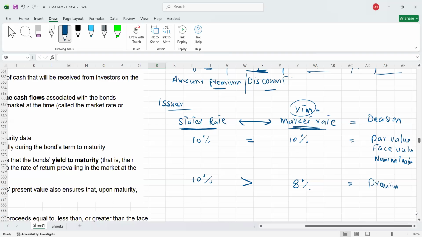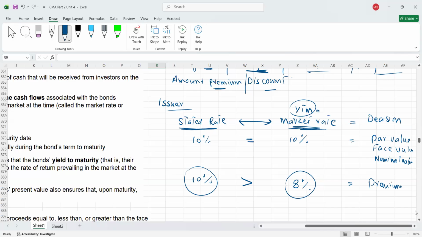Now the question is, why premium? I will tell you. You should think this way: in the market, for example, people are demanding 8%, but you are offering 10%. So you are paying more than their demand. Because you are paying more than their demand, today you have a right to receive more money than face value.